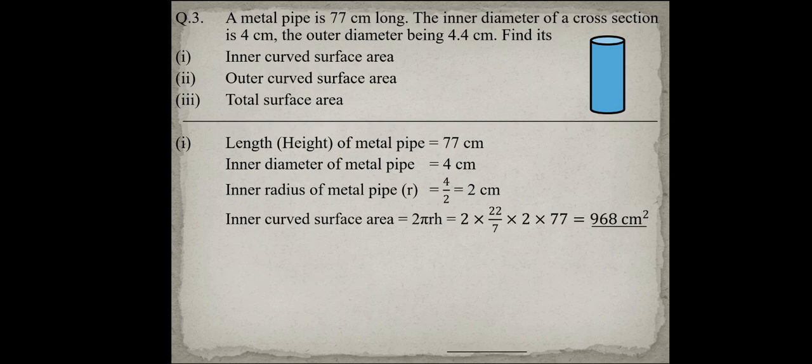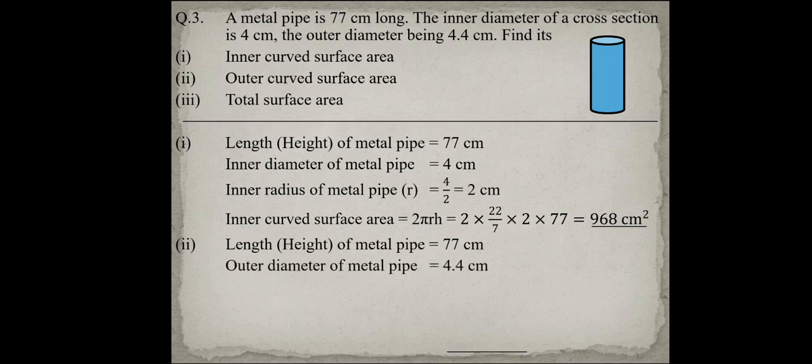Now outer curved surface area. This is the outer layer of that pipe, where you hold the pipe, that is the outer area. So we need to find that outer curved surface area. Length is the same, 77 centimeter, but now the outer diameter is given as 4.4 centimeter.